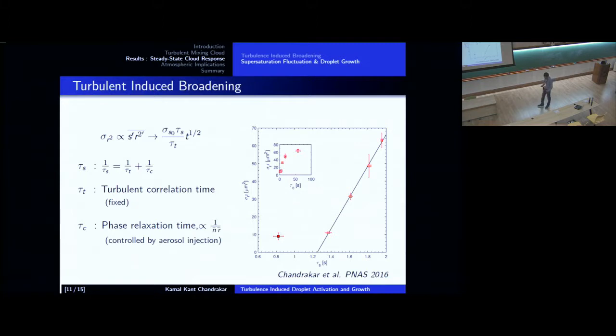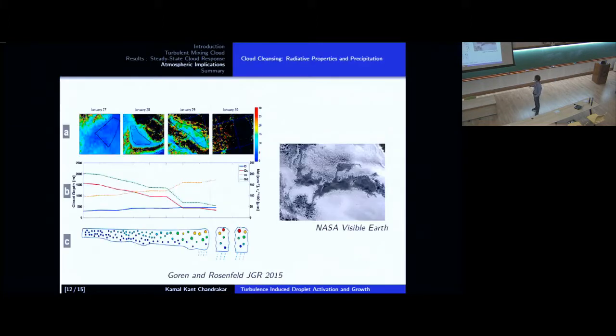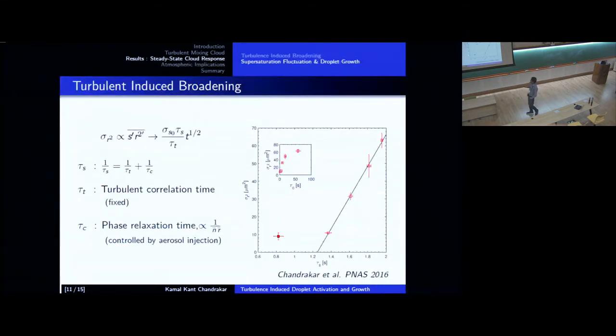So to test this theoretical result, we plotted our R-squared distribution width versus system time scale, and it matches fairly well, except this point, which corresponds to very high aerosol injection rate, where you have very high droplet number concentration, which suppresses the supersaturation mean and fluctuation such that it won't respond much.